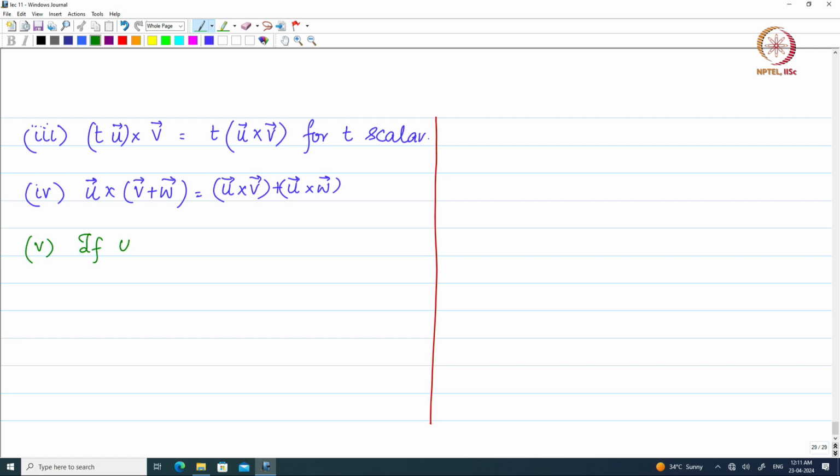If u cross v is equal to 0, then u and v are linearly dependent.